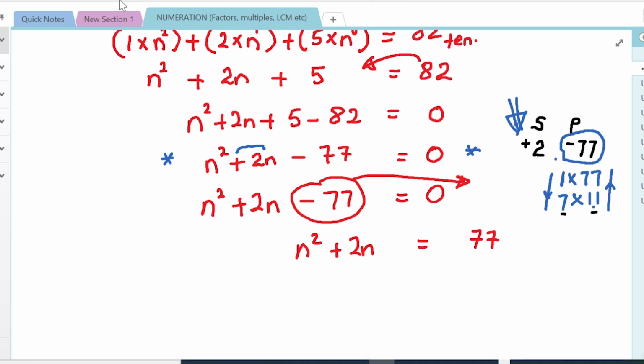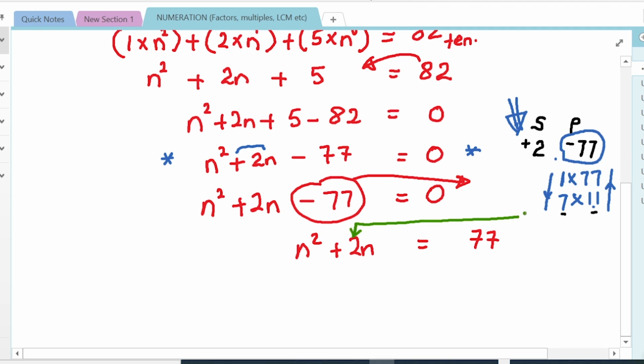When we are completing squares, we look at the coefficient of the unknown. In this case, the coefficient of n, which is positive 2. So we divide that number by 2. That's the first step we do. After dividing the number by 2, the answer we square it.